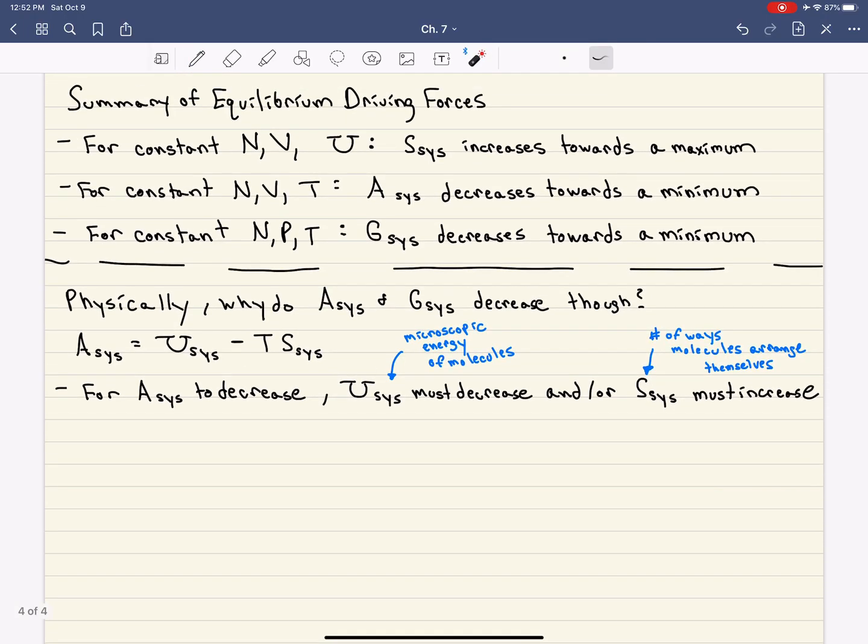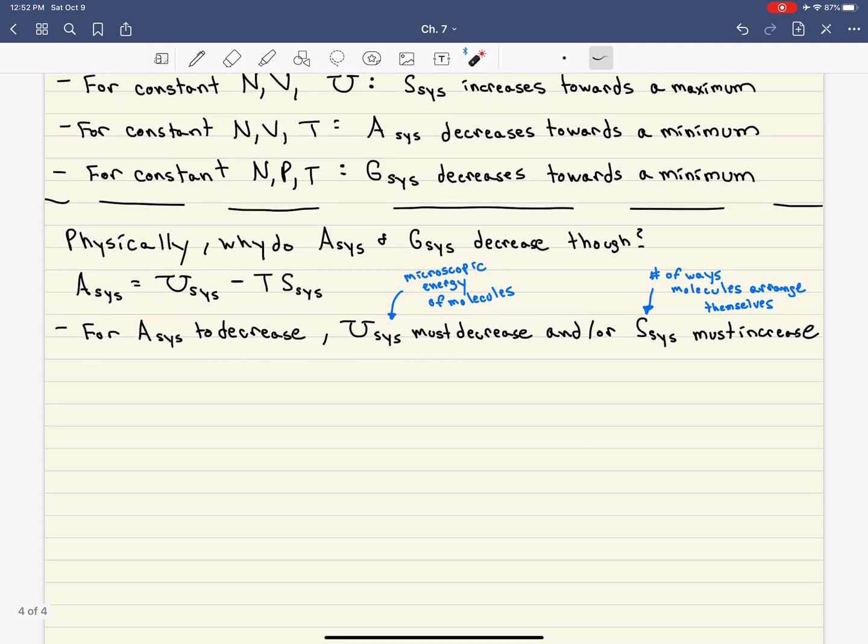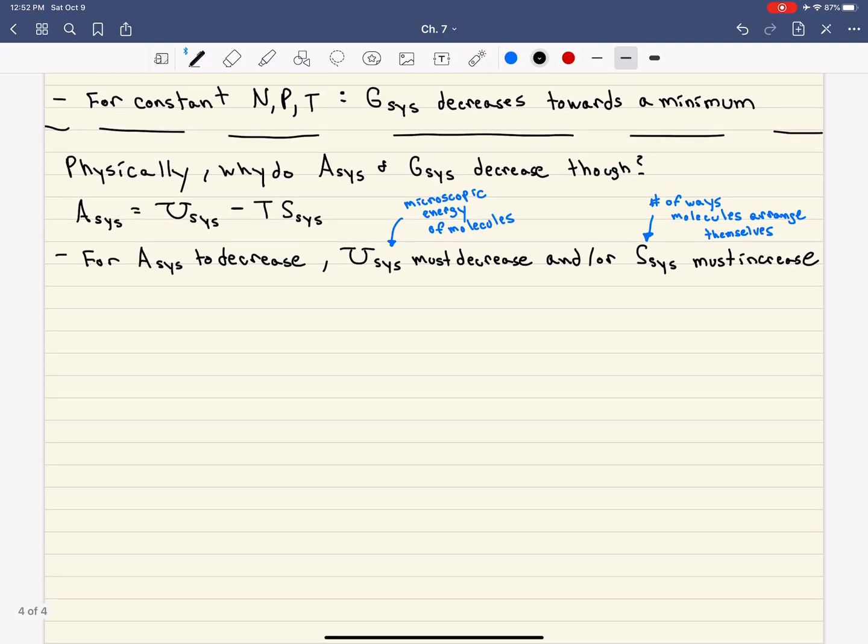And so if the internal energy of the system is decreasing, so the system is losing energy, we know from the conservation of energy, from the first law of thermodynamics, that energy needs to go somewhere, right? The overall energy needs to be conserved. And so if our system is losing internal energy, what ends up happening is that energy goes into the reservoir. And that energy can either increase the internal energy of the reservoir, or it goes into increasing the entropy of the reservoir as well.